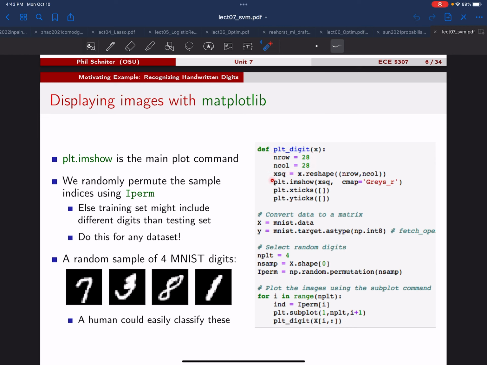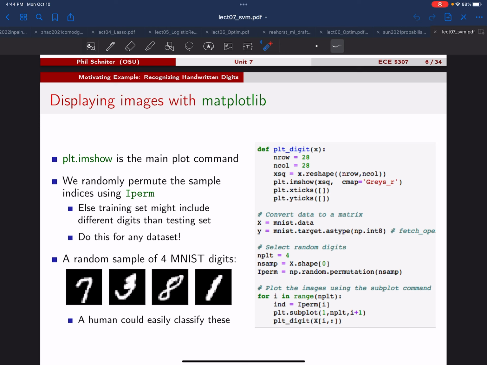The first thing we do is reshape x into a square matrix, and with imshow we can plot it. We can tell it what color map to use. Here we're just using grayscale, so the largest value is 1 and the darkest is black. We're also disabling the x and y ticks on the plot, because we don't really need them. And so this is our little plot command.